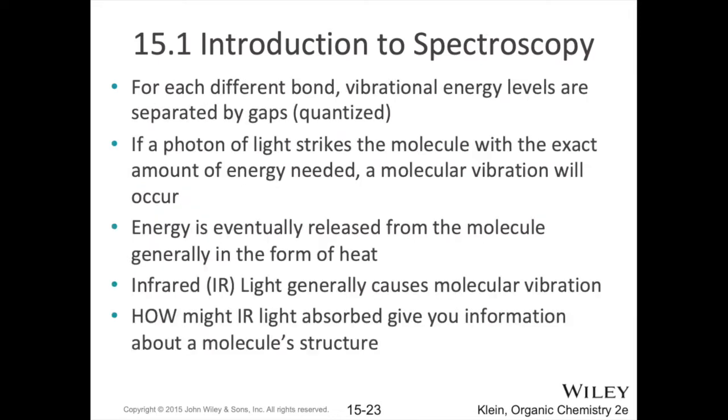Basically, IR light happens to be in the particular energy range that corresponds to these vibrations of bonds. So your bonds absorb these photons or wavelengths of light, and if it corresponds to the energy of that vibration, your detector notices that difference: that wavelength of light is being absorbed.